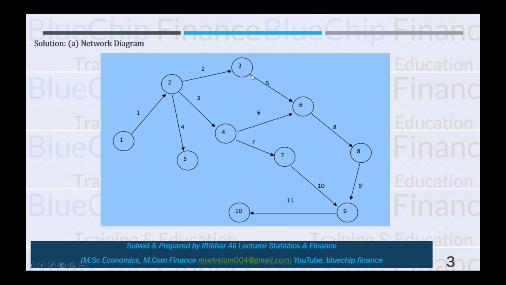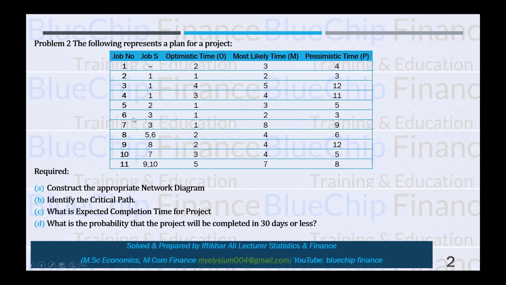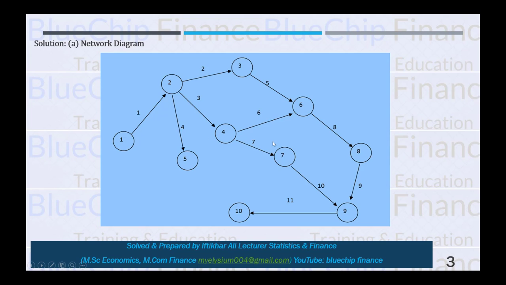So from here we started the 5th job, and after that the 6th and 7th jobs are starting from where the third job is ending. So third job is ending at node 4. So from here we are starting the 6th and 7th jobs.